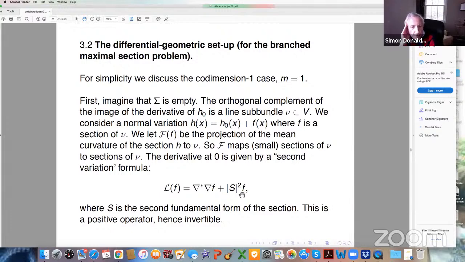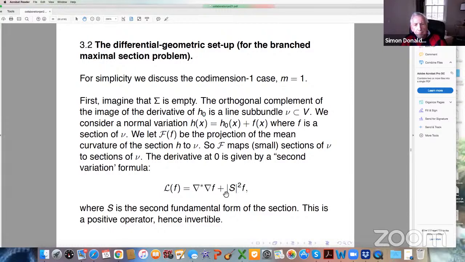It tends to make your minimal surface or submanifold unstable. But in this indefinite case, the signs change, and so we get a positive term here.